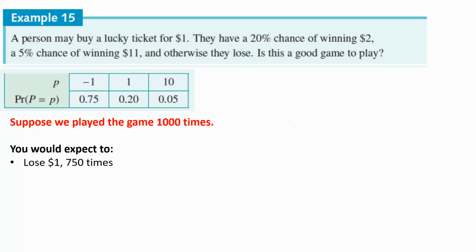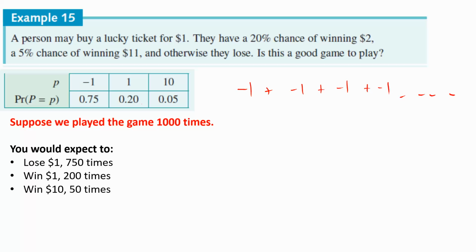So we know there are 750 times that you're going to lose $1, so let's list it out. You would expect to lose $1 750 times, win $1 200 times, and win $10 50 times. Now, if I ask you to find the average, to know whether I'm gaining or losing in these 1,000 games: if I'm losing $1 750 times, that means lose $1 plus lose $1 and so on, and you add up the sum of all numbers divided by the number of numbers.